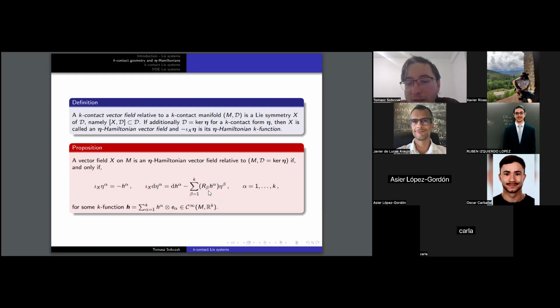We sum over all Reeb vector fields acting on the specific element H^alpha of our H, multiplied by the corresponding element of our k-contact form. So there was a change in the previous definition, and it's worth emphasizing. However, the rest is the same, and this proposition is very useful because now we have specific conditions to fulfill if we want an eta-Hamiltonian vector field, and we will use it to construct the k-contact Lie systems.